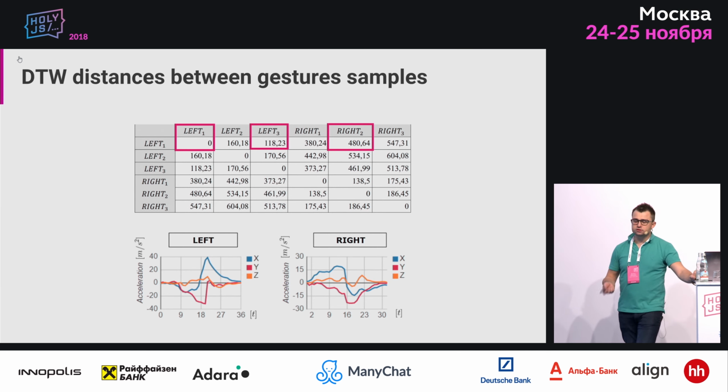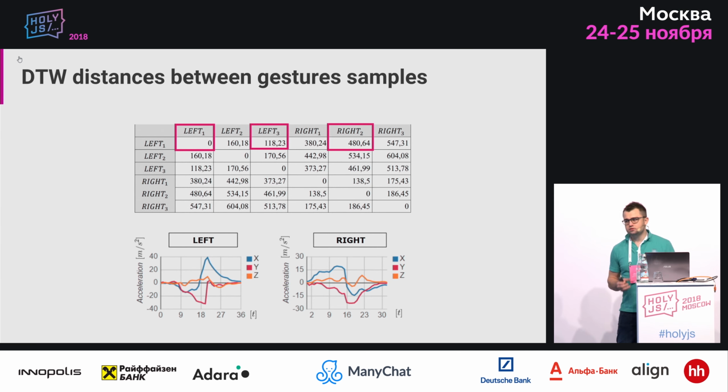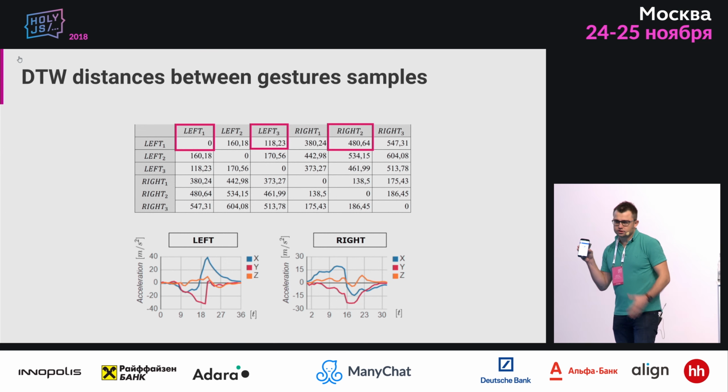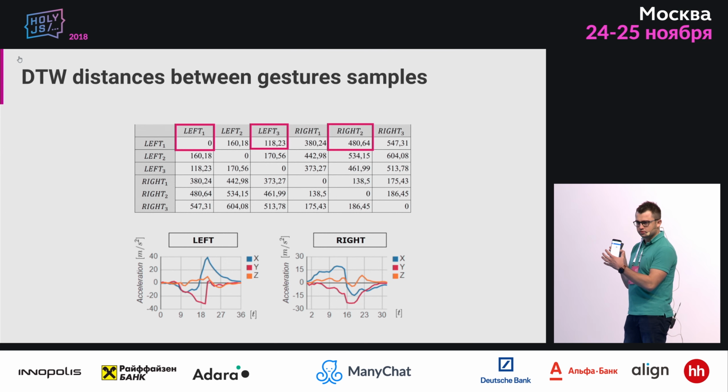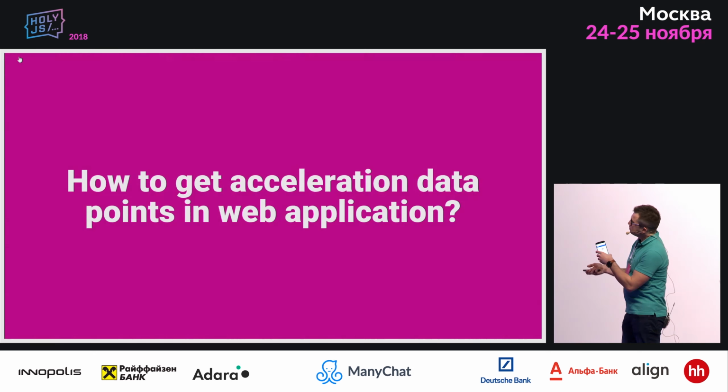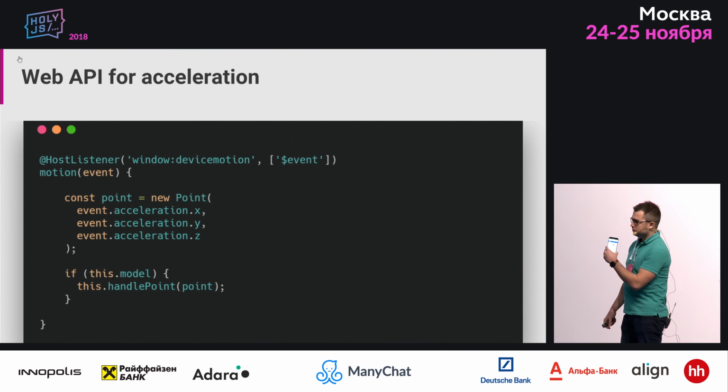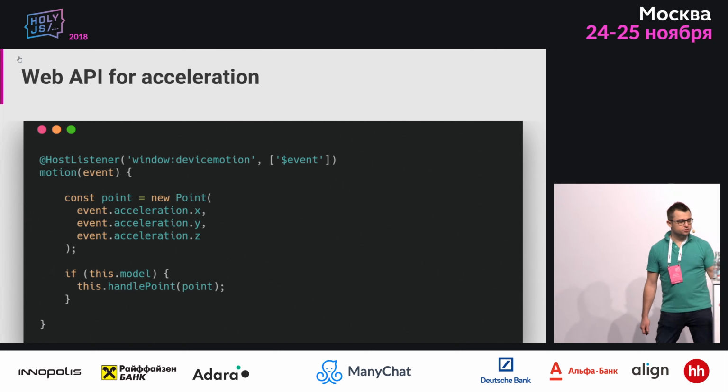So we just need to listen. We can just run a simple website on our smartphone, start to listen to this event, and magic starts to happen, right? We have the device motion data in our web application.